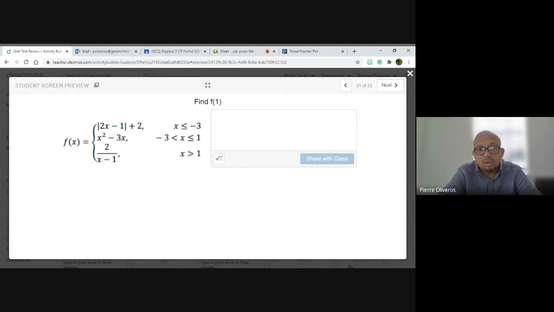And here you just need to plug in the value. Look at this one, f of 1. Where's 1? Is 1 less than or equal to -3? Is 1 between -3 and 1? Is 1 bigger than 1? The answer is the middle one here. 1 is between -3 and 1. So you'll plug in the 1 right here. What's 1 squared? 1 minus 3 times 1.